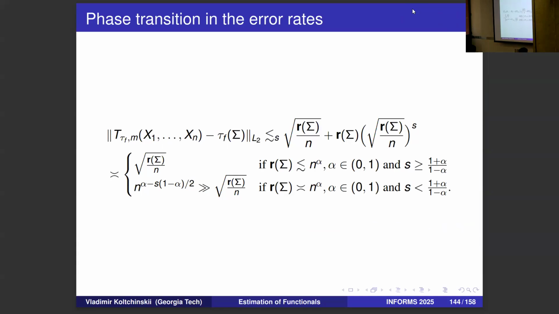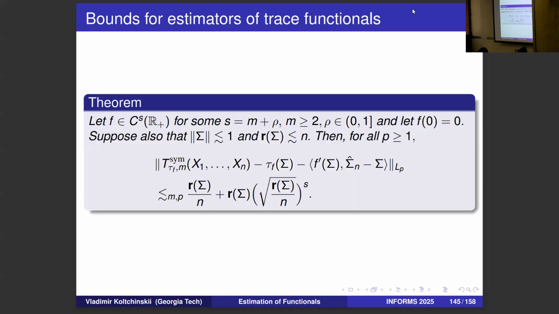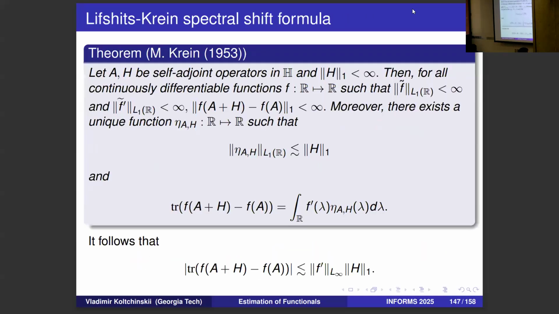Because of this, there is a different threshold between fast and slow rates, okay? Different threshold. You can prove the same type of results that lead to normal approximation and stuff like this. And the last comment here, okay, what is all this based upon?